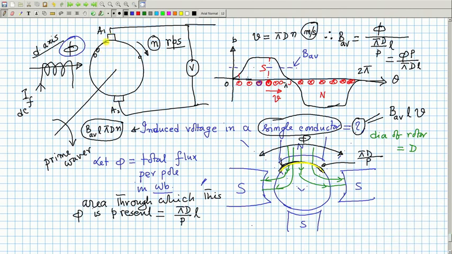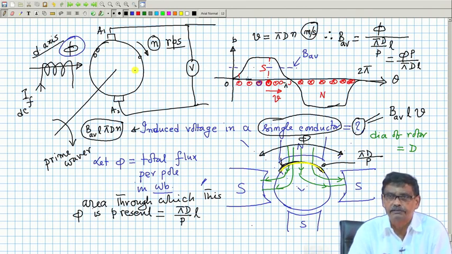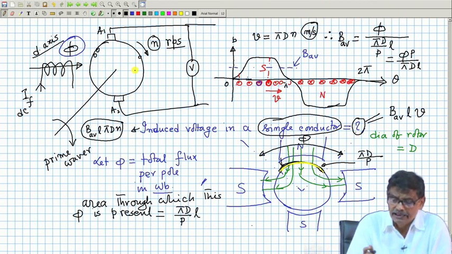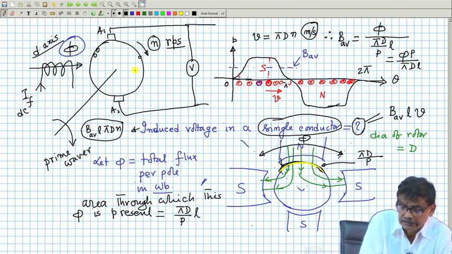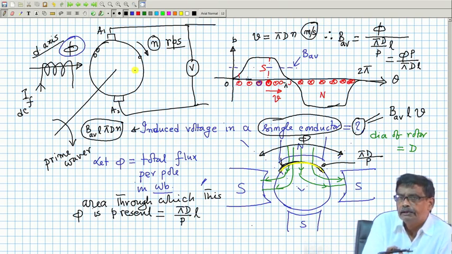Between the brushes there will be several circuits in parallel, that is all the armature conductors will be divided into several parallel paths. My plan is, I will calculate the voltage induced in a single conductor and then I will multiply this expression with the number of conductors present in a parallel path.